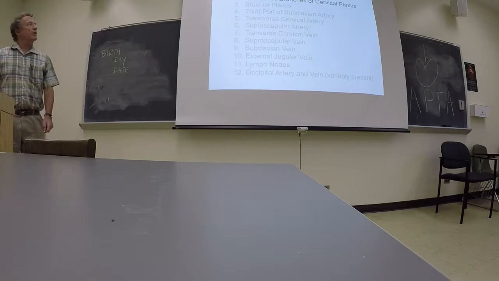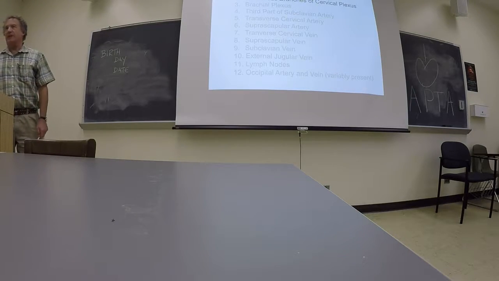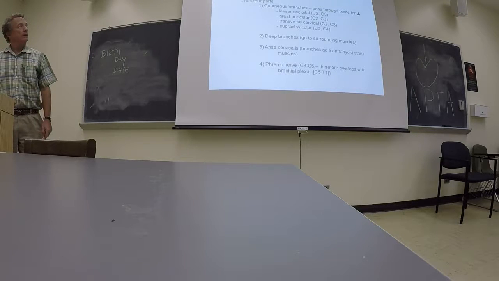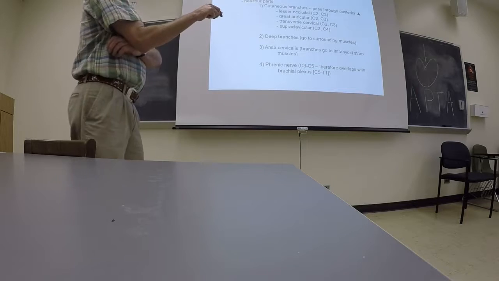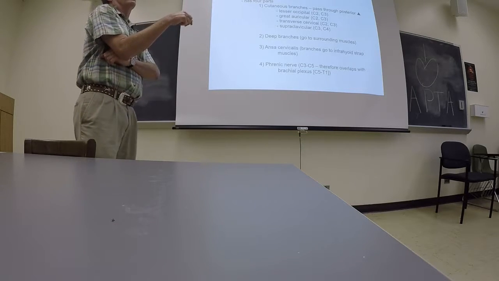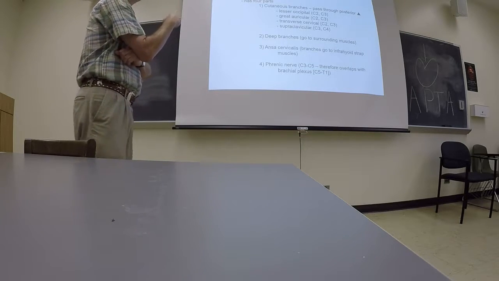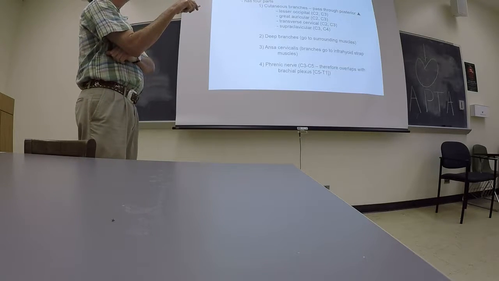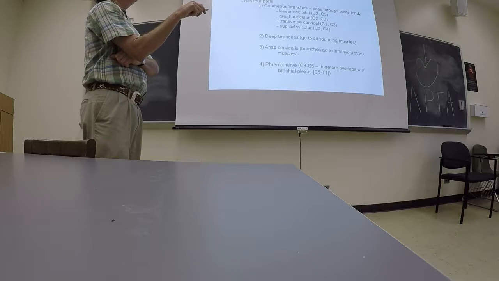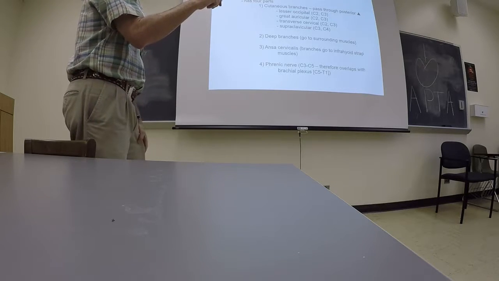Okay, here's where it gets ugly. Cutaneous branches of the cervical plexus. Okay, the cervical plexus is like the brachial plexus that Dr. Fernandez talked about the other day. It picks up ventral rami from C1 through C4, mainly 2 through 4.